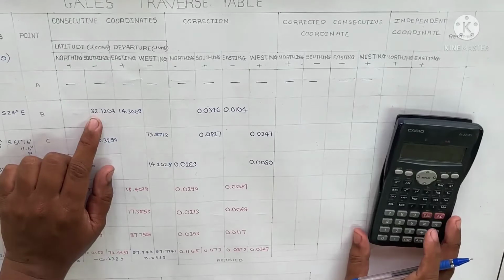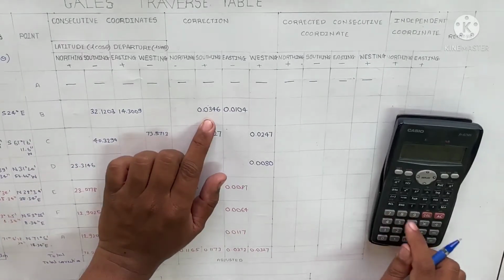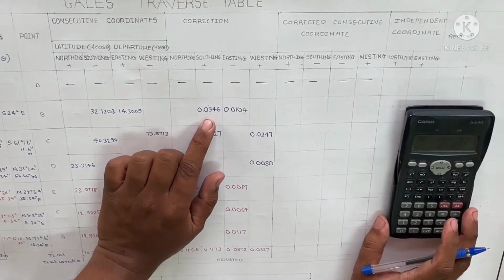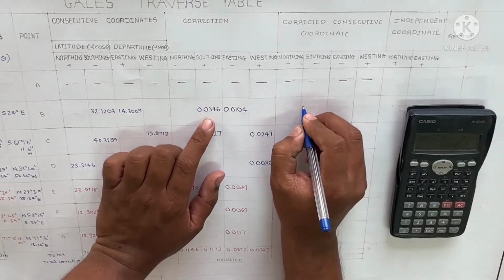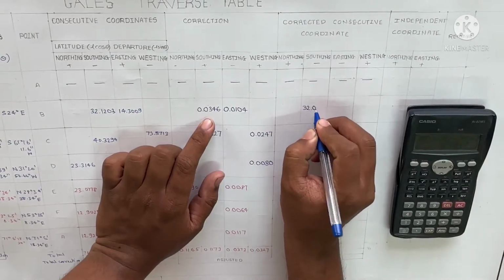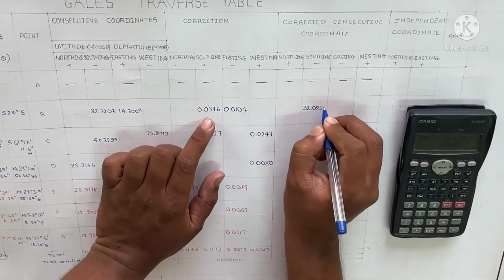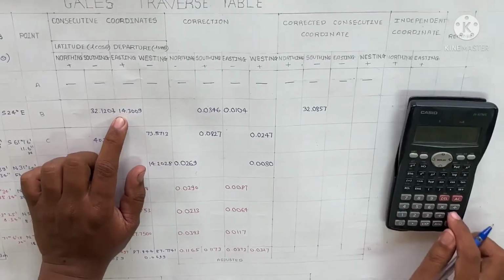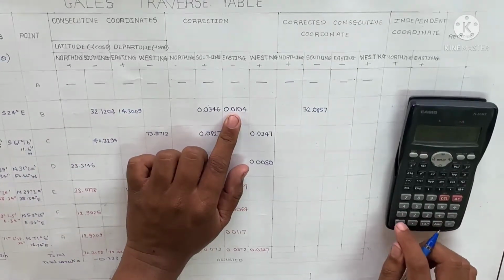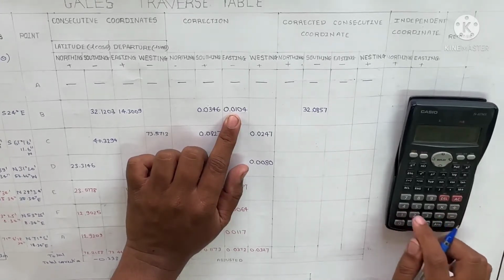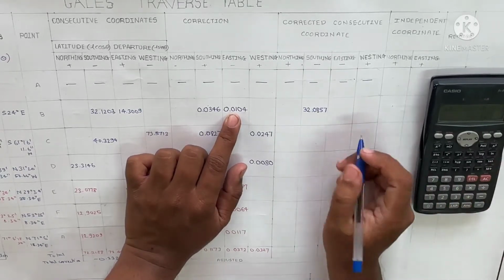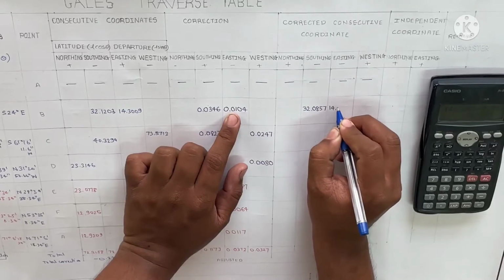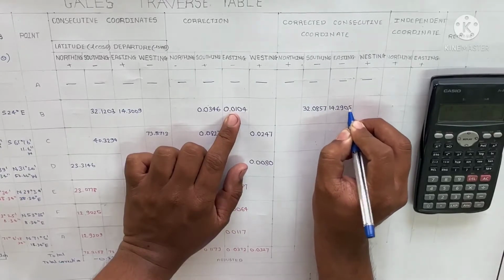So 32.1203 minus correction 0.0346, which gives me the value 32.0857. Then easting, again we are going to deduct it, 14.3009 minus 0.0104, so it is 14.2905.